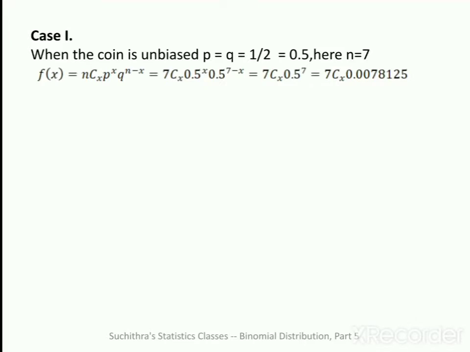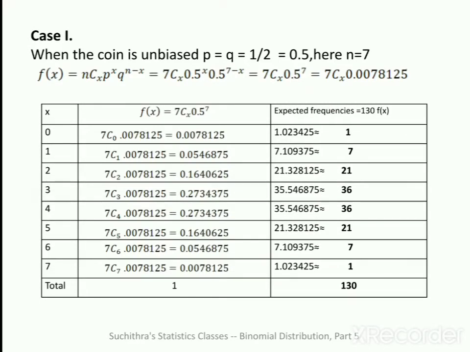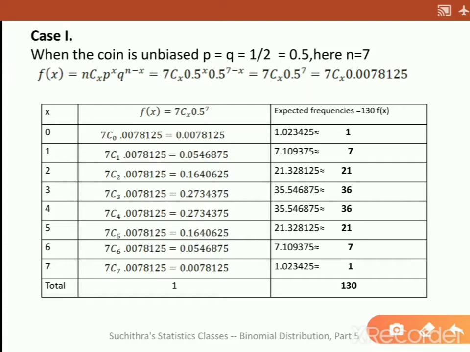And we know that f of x is nCx, p raised to x, q raised to n minus x. Here, that is nCx, 0.5 raised to 7. This table gives the values of f of x and the expected frequency 130 into f of x, that is capital N f of x.